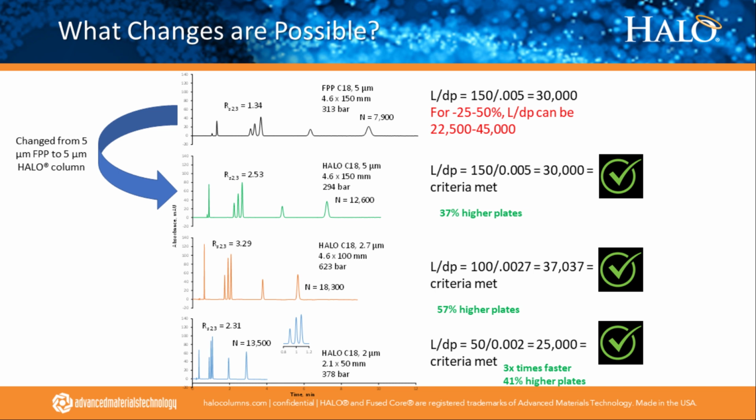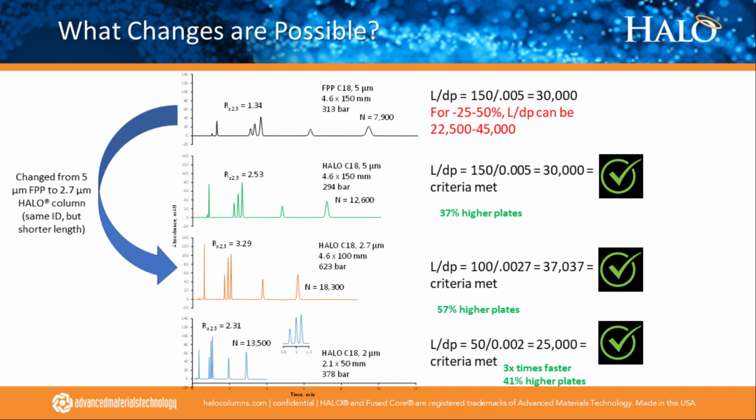And what we did in the first transition here was to move to a 5 micron Halo column in the same 4.6 by 150 dimension. So our criteria of L to dp is met, but what we're seeing is 30% higher plates just by changing from a FPP 5 micron to the Halo 5 micron column.